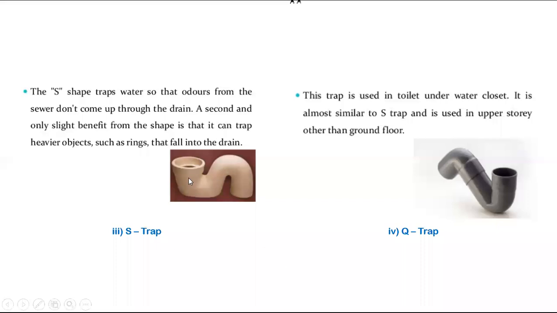The S drop we normally use for the IWC only, the Indian water closet, or Orissa pan. Sometimes you will get an inbuilt trap with it, or sometimes we have to purchase it separately for the IWC.